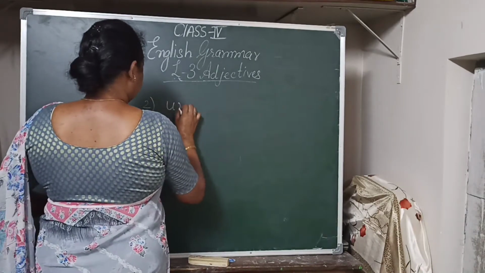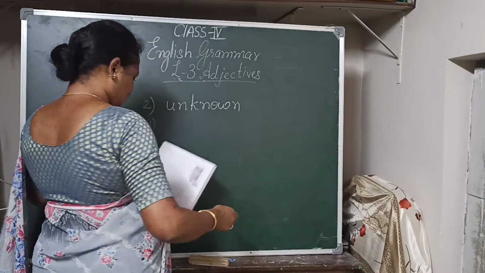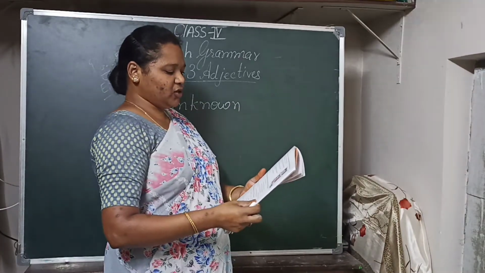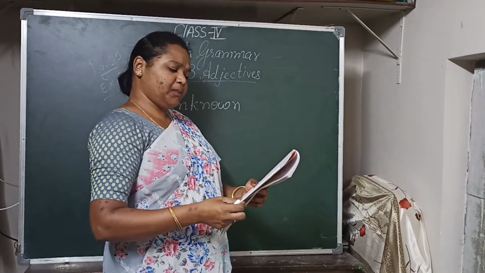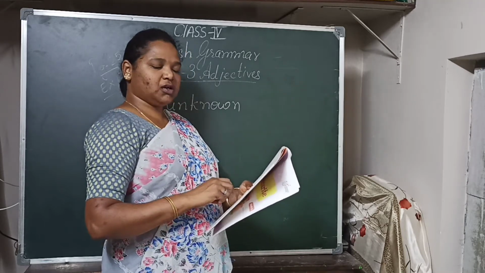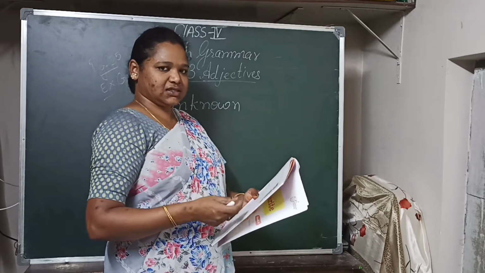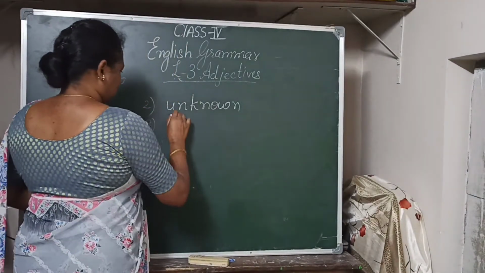So the second one is unknown. Third one: you have a home, but there are many people in the world who are dash. So what is the opposite of home? Which word will we add, unhome or homeless? Homeless.